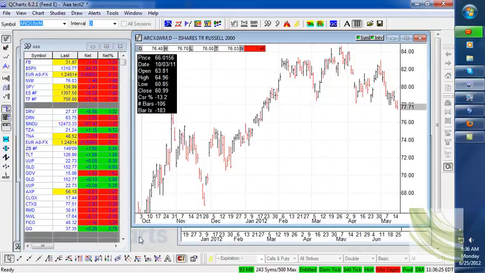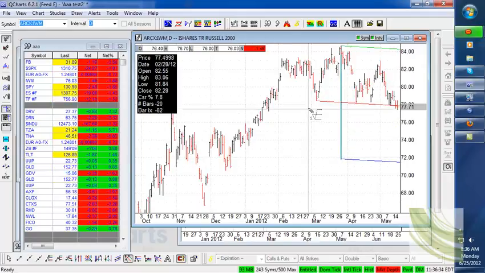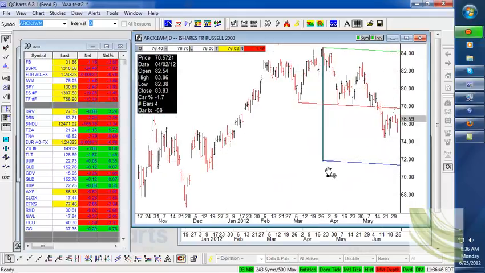Let me give you an example. My understanding of the Gann target is that you take this high here and this here. You take a line that connects from here to here, take the distance, and project it forward into the future. That would probably be the Gann way of doing it. It is the way I understand it anyway.